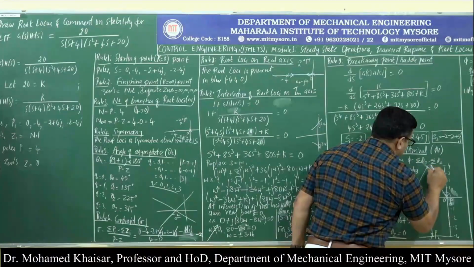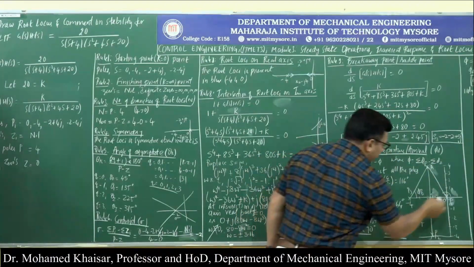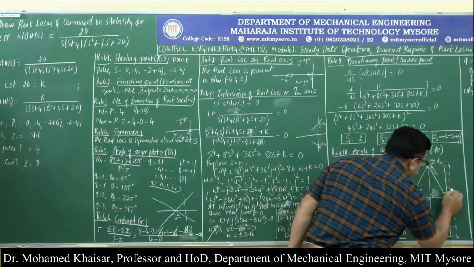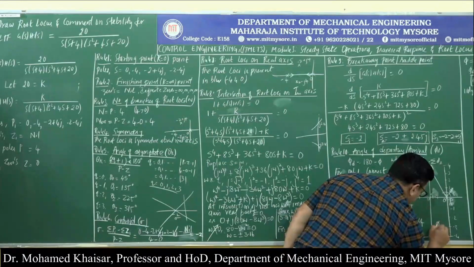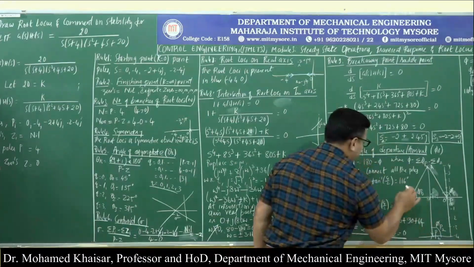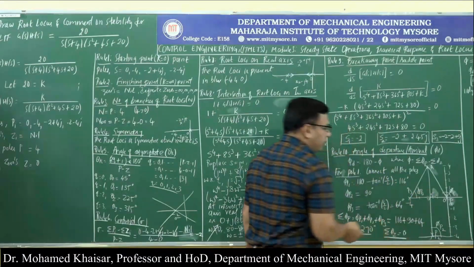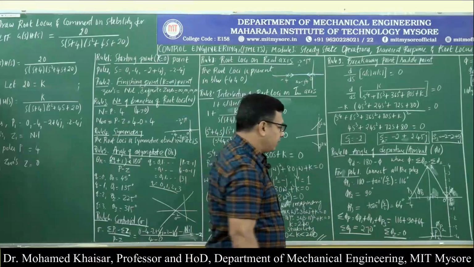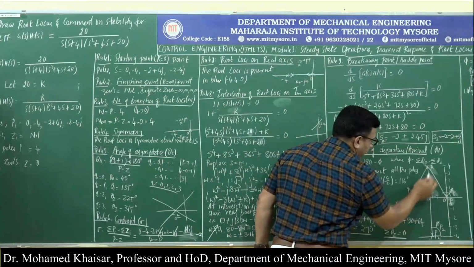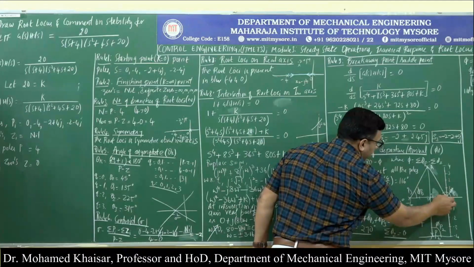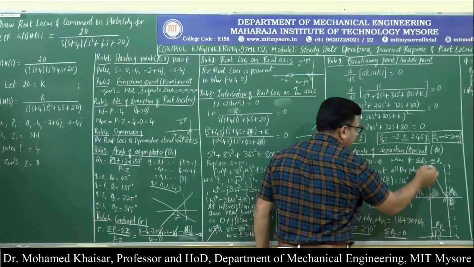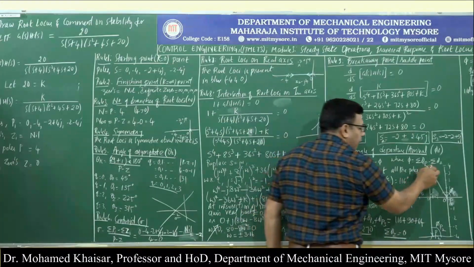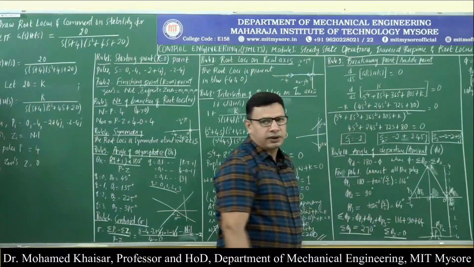Let this be pole A itself. When we join all of them, this becomes phi p1, phi p2 and phi p3. Try to find the angle of the lines joining all the poles. This pole has been joined with A, this pole has been joined with A, this pole has been joined with A. This is the pole for which we are trying to find the angle of departure.